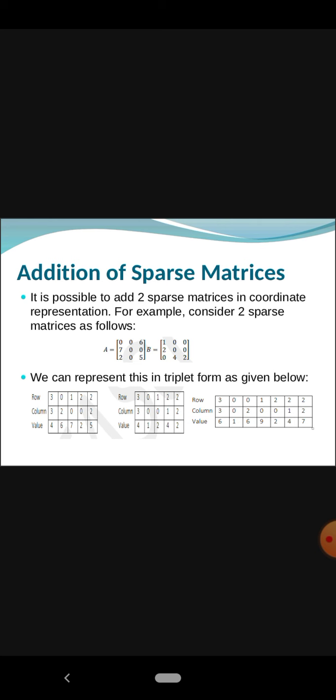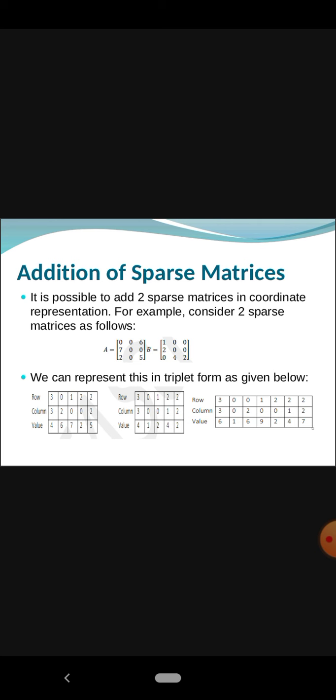So now let's check the first row and the second row. So here 2, 2 equal. Then we are going to consider the column here 2, and in the second case that is also 2. So we can add the values. So 5 plus 2, that means 7.